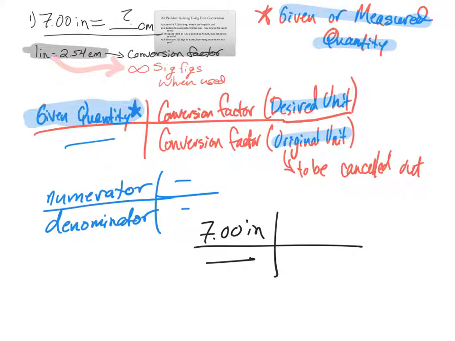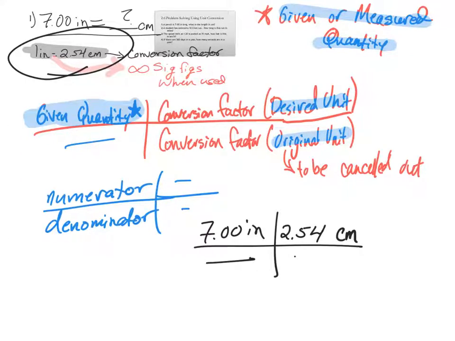You can leave that blank. And we want to find centimeters. Your answer always needs to have the desired unit in the numerator. So we want centimeters right there. Since we're starting with inches, we use the given conversion factor. 1 inch is 2.54 centimeters, and we just put the number there.